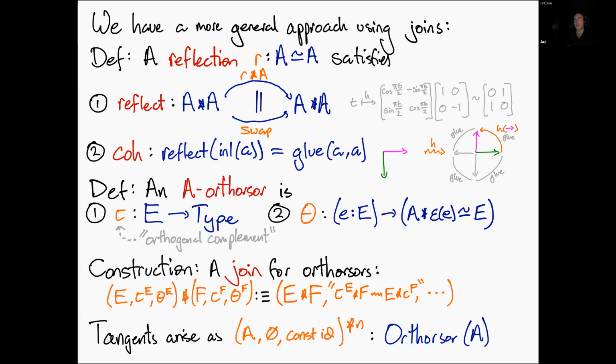That you sort of have to double work with the suspension because you have north and south. On the other hand, you have fewer point generators. I would say the join one looks a little odder personally. That's why I decided to present the suspension one here.